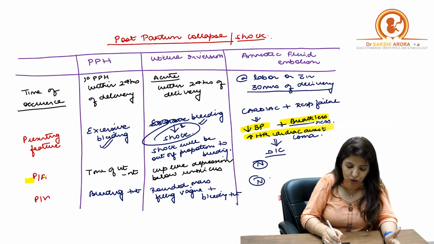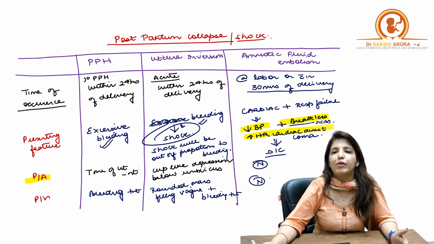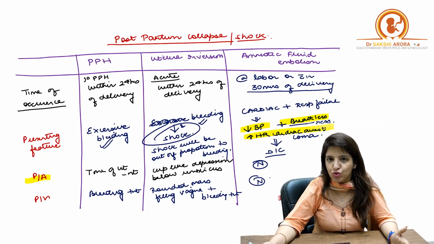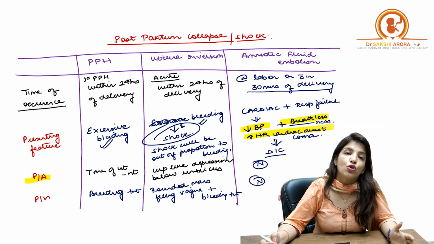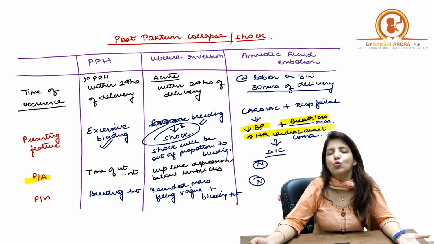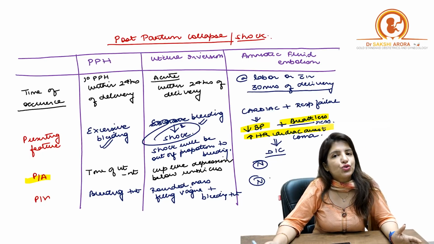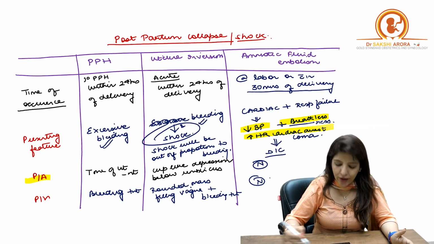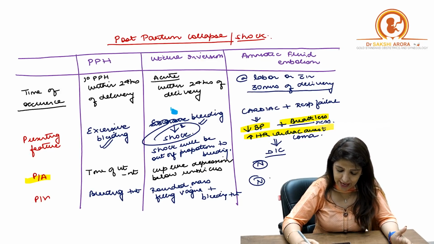Now, when you are going to do a per abdominal examination, since the most common cause of primary PPH is atonic uterus, so mostly in case of PPH, the uterus is not palpable, right? Because the tone of the uterus is lost. Whereas in case of uterine inversion, the fundus of the uterus has dipped, as I told you.